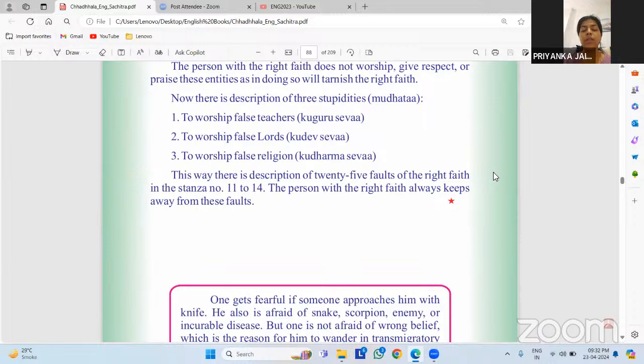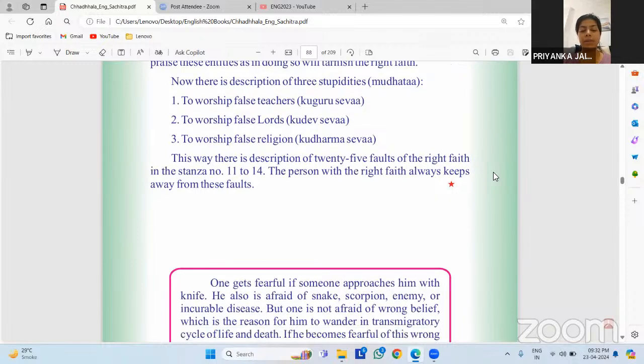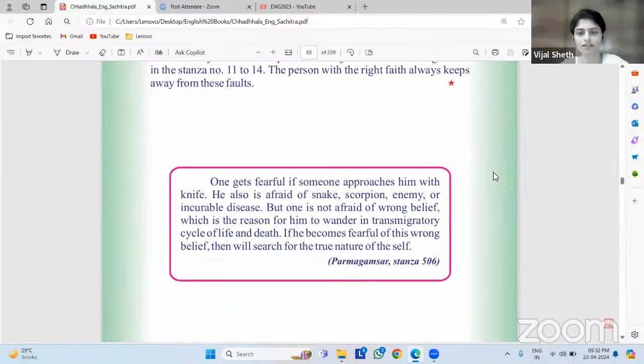This way, there is description of 25 faults of the right faith in stanza number 11 to 14. The person with the right faith always keeps away from these faults. Now read this. This is very nice.